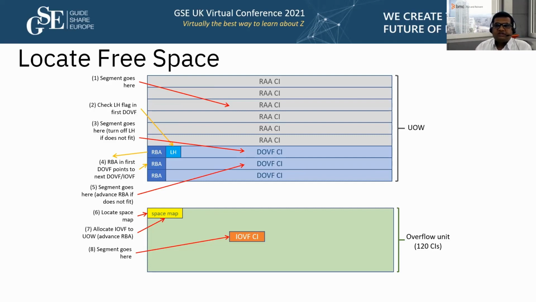Let's consider in the worst case, even in the IOVF CI, there is not enough free space. So eventually you are going to get the FS status code. So imagine the role the randomizer has to play here. If your randomizer is badly designed, it might always direct these segments to go to a certain UOW, a certain area, and you may run into occupying all the DOVF blocks, IOVF blocks, and you may run into the FS status code.